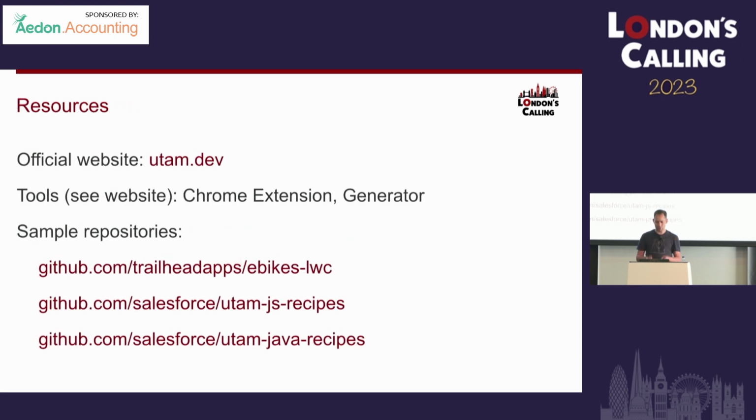Oh yeah, before I forget, resources. I was going a bit too fast. What we saw was the official website, utam.dev. It has fairly good documentation with some explanation about the different tools, the examples, some recipes that are shared there, and links. You'll see the different extensions, the Chrome extension and the generator.